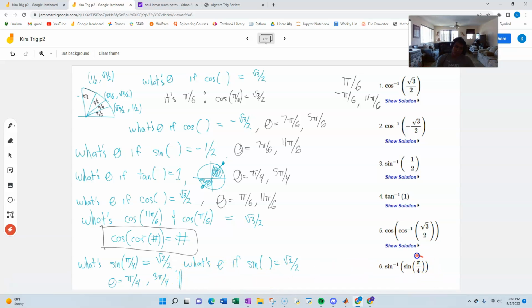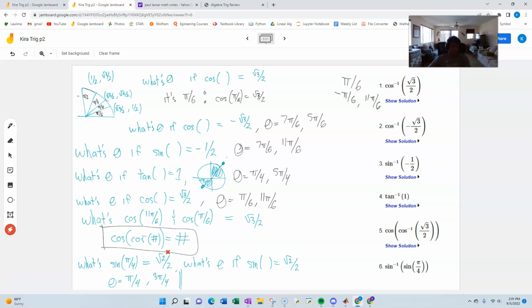The question says sine of pi over 4 is square root 2 over 2, so that's your only answer there. But now it's saying sine inverse of square root 2 over 2 is what angle, and there are two angles. So it's kind of a funny situation where you get one input and two outputs. Again, this is very confusing for a lot of people. It still gets me tripped up a lot of times.